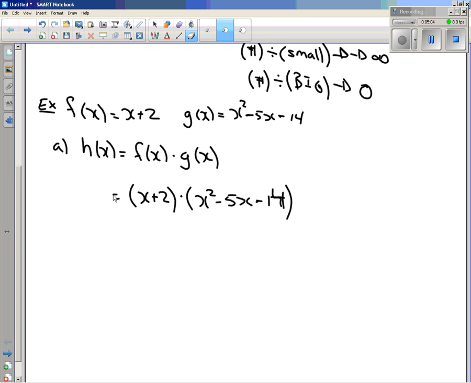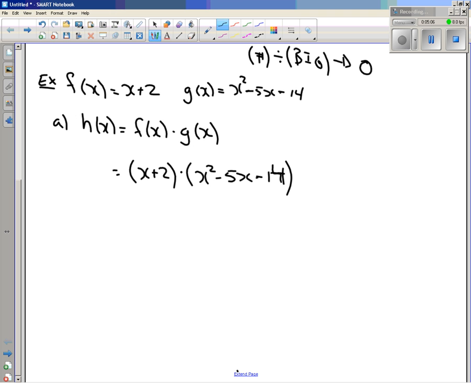If we multiply it out, we can head over here and we will get that h of x is x cubed minus 3x squared minus 24x minus 28. If we take these and multiply out the brackets, collect like terms, we can get this expression for our function.